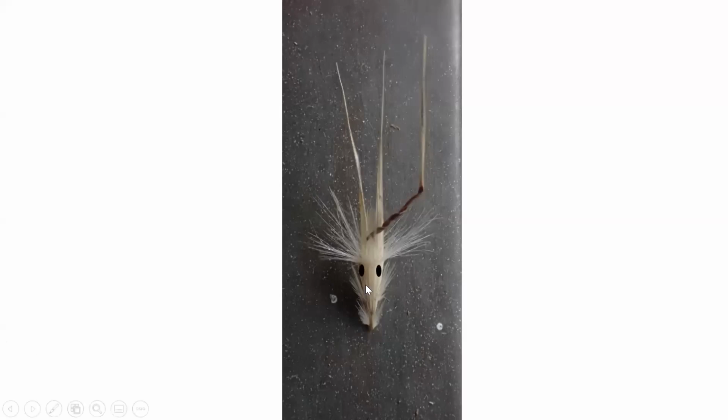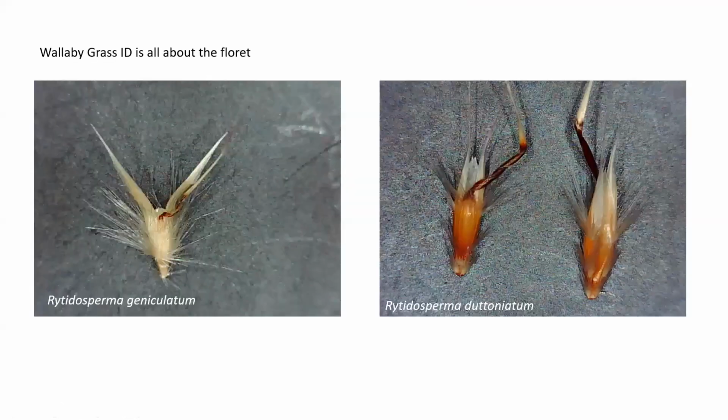If you imagine some little eyes on there, this is the unicorn's face. Obviously the awn is the horn. The lemma lobes are the ears, and the callus is its snout, and the hairs are mustaches or whatever you want to call them. So that can be useful. So it's all about the floret.